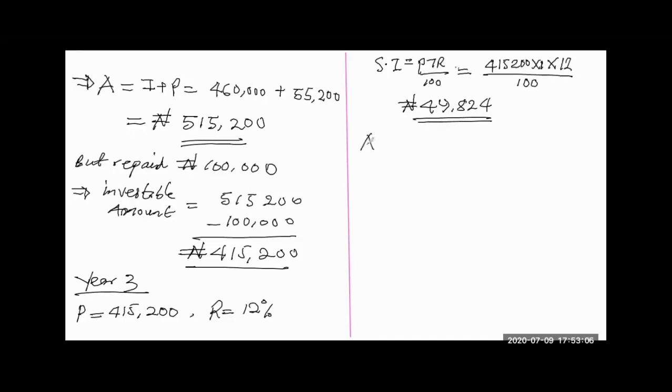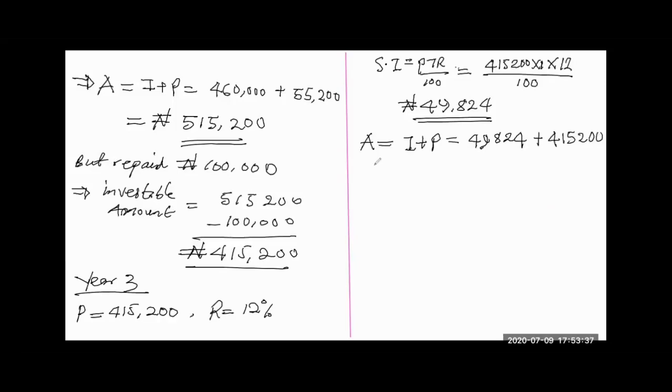So the total amount of the company after the third year is going to give us I plus P. What was their last investable amount, the last principal, is 415,200, so we have 49,824 plus 415,200.